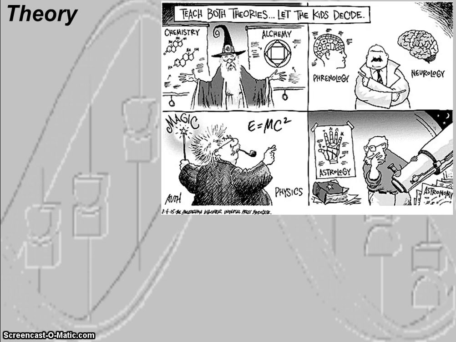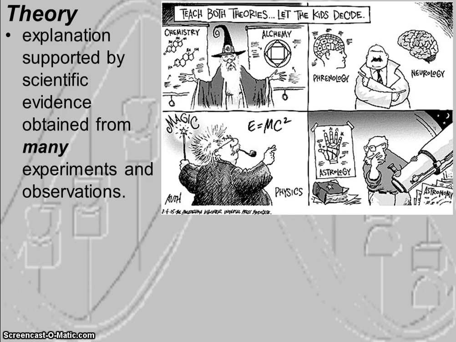Okay? And these hypotheses over time, if they're supported and supported again, we can develop theories. And scientific theories are explanations that have been supported by evidence obtained from many experiments, and essentially supporting hypotheses over and over.